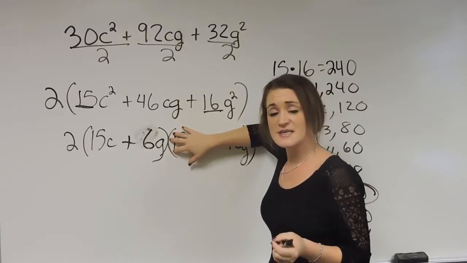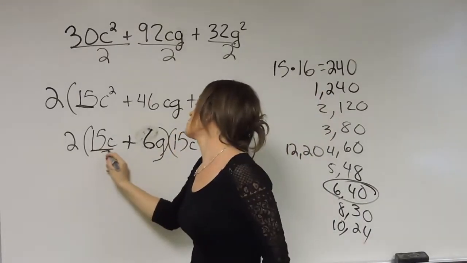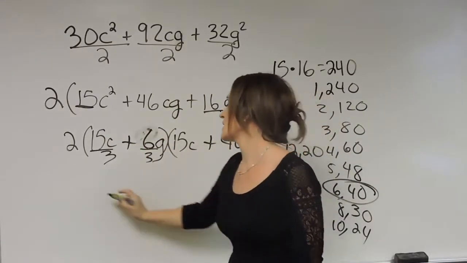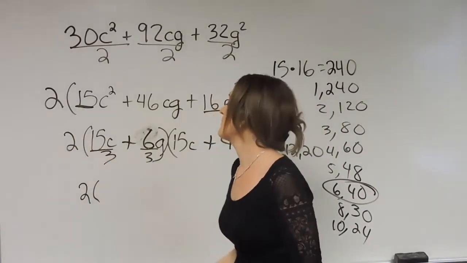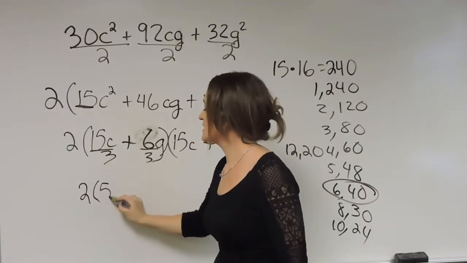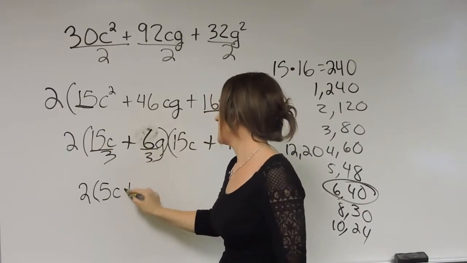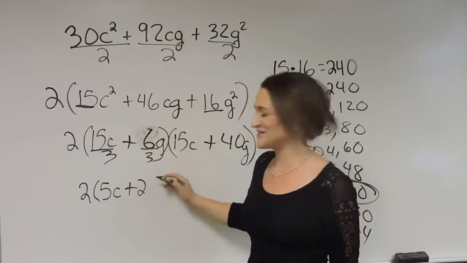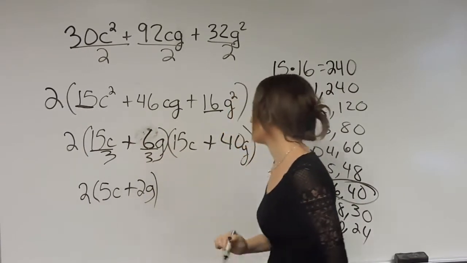Well, 15 and 6 have a 3 in common. So we're going to simplify by that factor of 3. We're going to get rid of it. So let's drop down that 2 in front. 15 divided by 3 is 5. Drop down the C plus 6 divided by 3 is 2, and drop down the G.